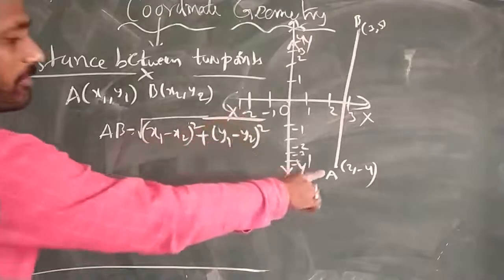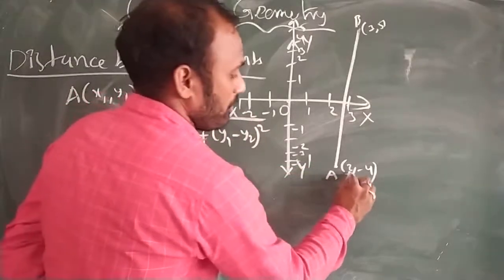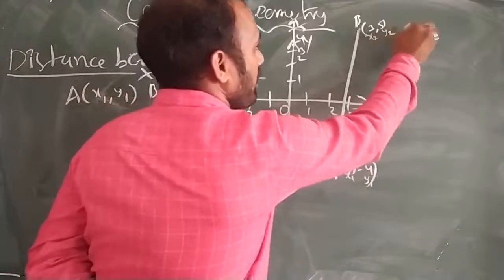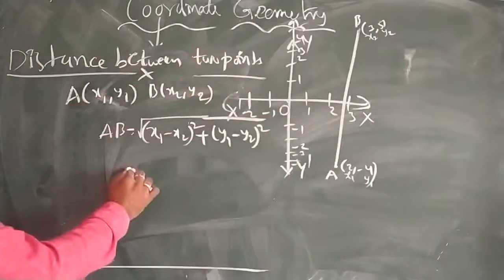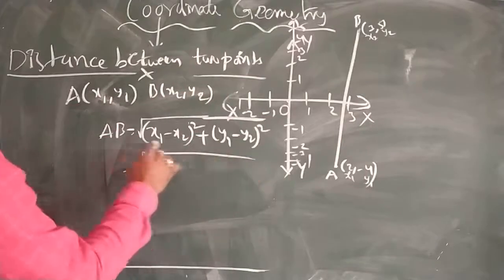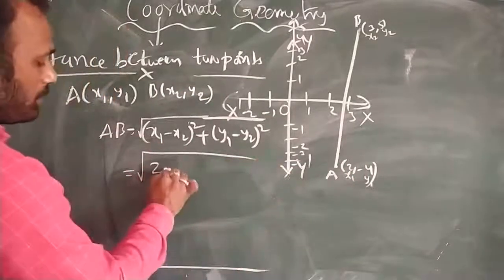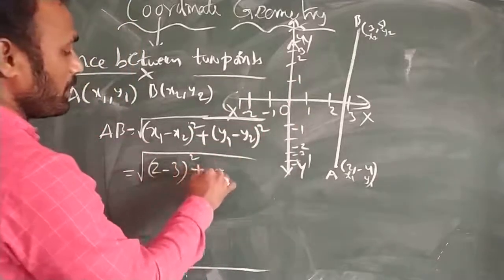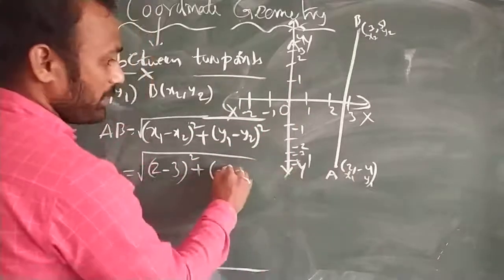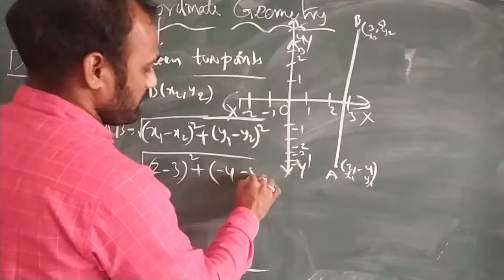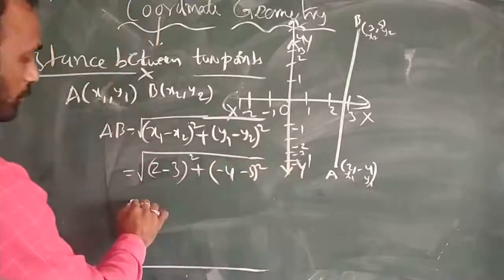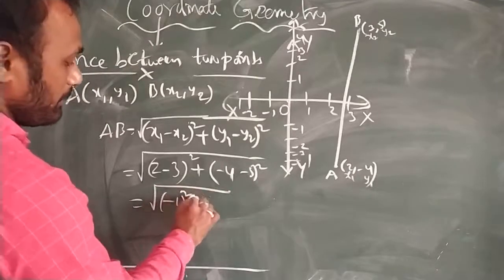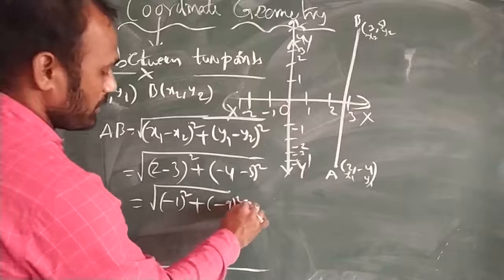Already we are given 2 points. One point we will treat as x1 comma y1. The other point we will treat as x2 comma y2. Let us substitute directly in the formula, root of x1 is 2 minus x2 is 3, so 2 minus 3 whole square plus y1 is minus 4 and y2 is minus 5, so minus 5 minus 4 whole square. 2 minus 3 is minus 1, whole square, plus minus 9 whole square.